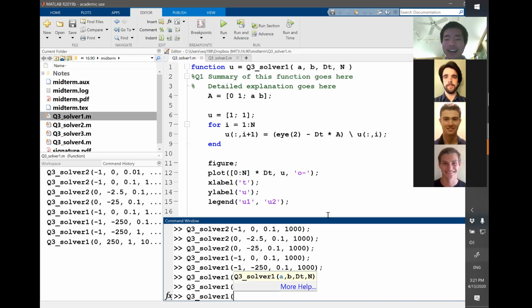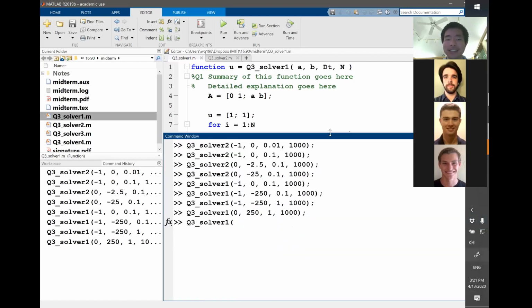I think more than one of you witnessed, when you chose particular combinations of A, B, and delta T, a matrix being singular or something like that. Anybody remember? Yes, no? I know at least two of you have seen something like that in the midterm, right?